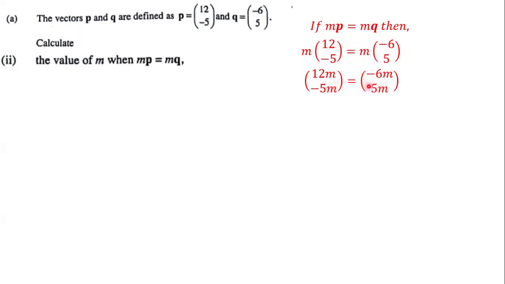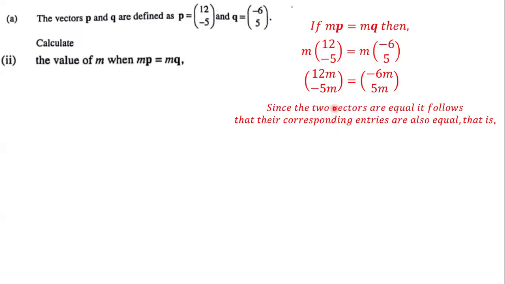Now, if two vectors are equal, that means that corresponding entries, or corresponding components, are equal. And so since the two vectors are equal, it follows that their corresponding entries are also equal, which means that 12M is equal to -6M. And it also means that -5M is equal to 5M.